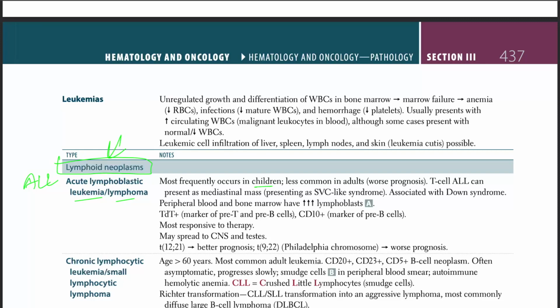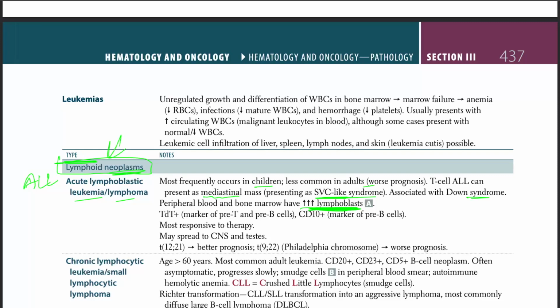If it does happen in adults, it has a worse prognosis. T cell ALL can present as a mediastinal mass, presenting with a superior vena cava-like syndrome. It's associated with Down syndrome. Peripheral blood and bone marrow have increased lymphoblasts. It's a lymphoid neoplasm with an increase in lymphoblasts. That's pretty simple to know.